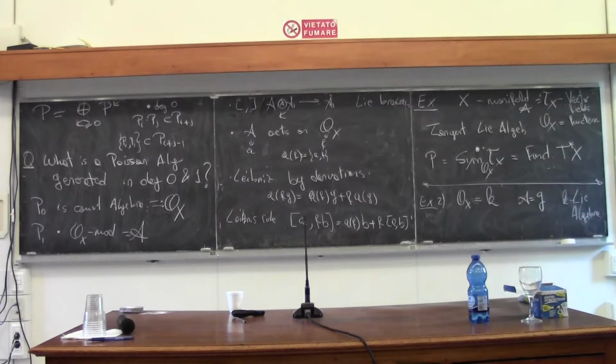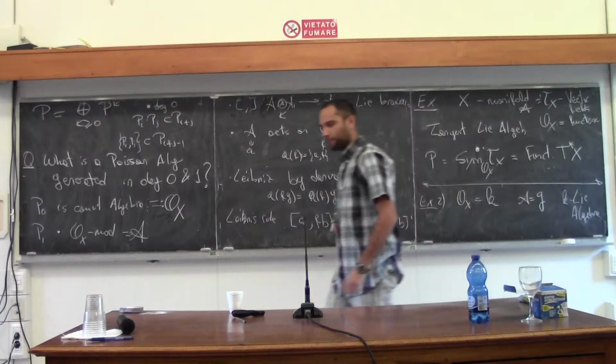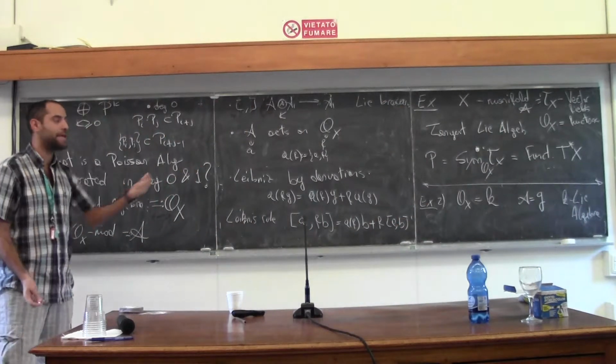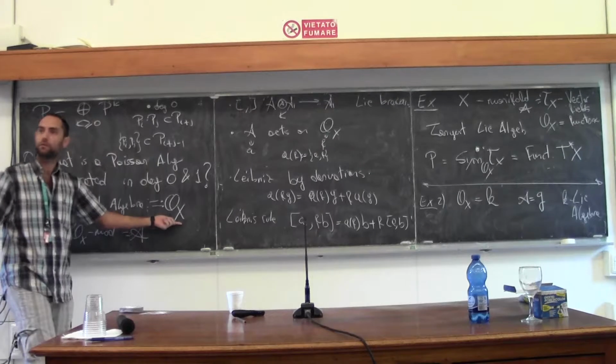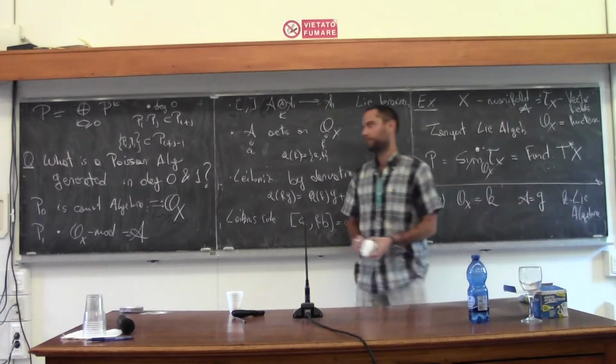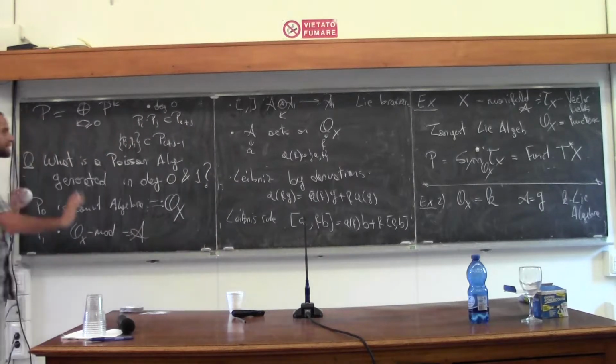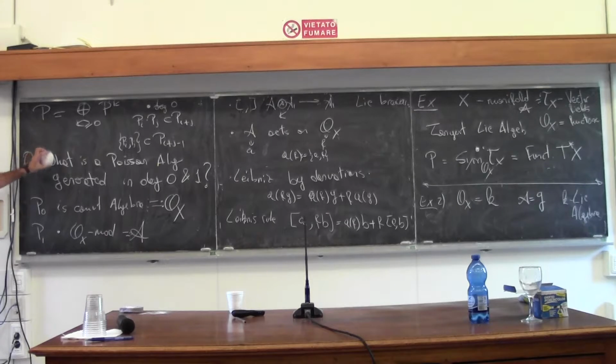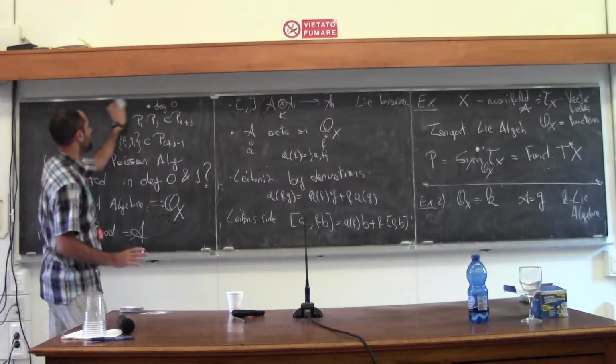So Lie algebroids are just sort of Lie algebras living on manifolds. When the manifold is a point, a Lie algebroid over O_X is just a Lie algebra. Alright, so that's as much as I want to say about Poisson algebras, and I hope Poisson algebras in degree 0 and 1 became clear, because the next step is going to infinite dimensions, and this might be slightly confusing.